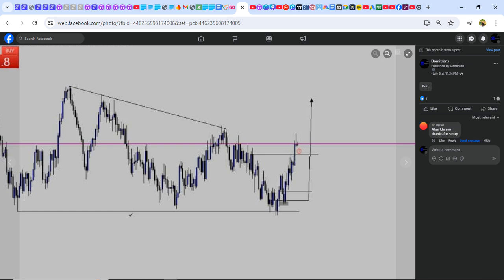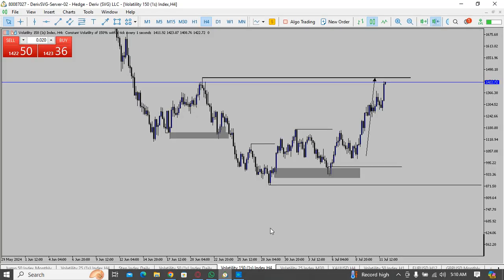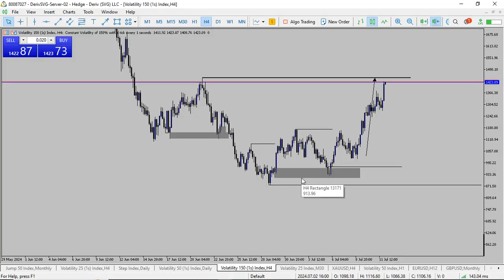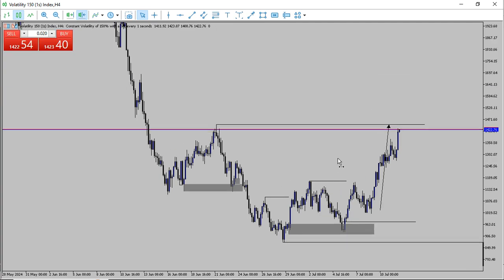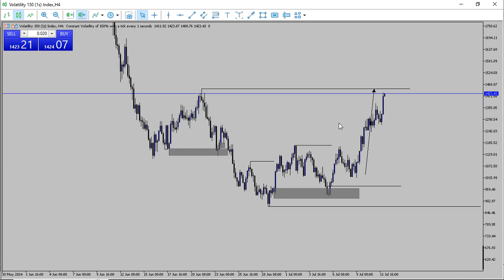So let's quickly dive into our MT5, and we start off with VIX 150s. Normally we always start from the higher time frame, and we are following the higher time frame trend, right?